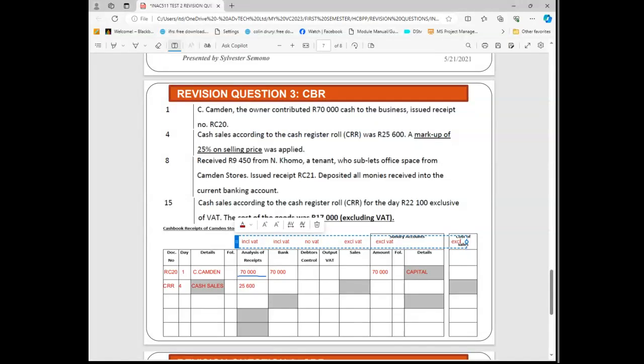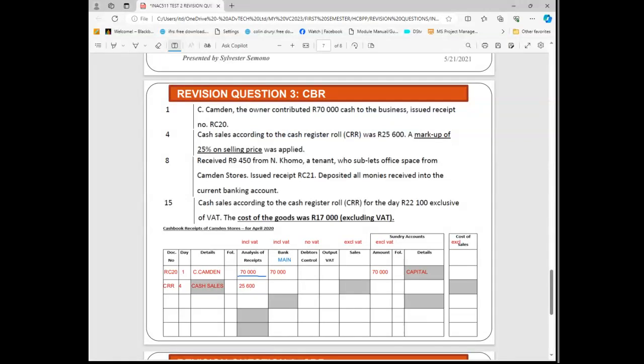We only include VAT in the main account. Remember, this account is called the main account, and whatever you have here, you transfer here. So you only include VAT under bank. The rest do not include VAT.